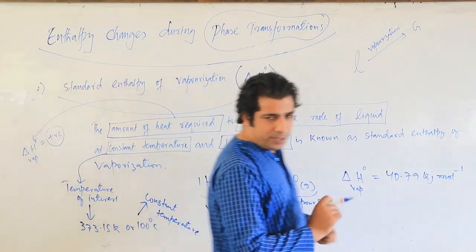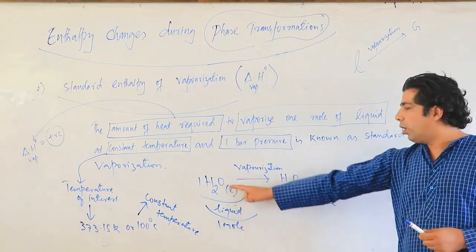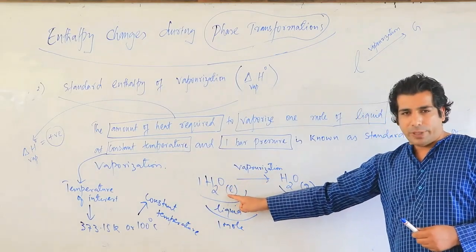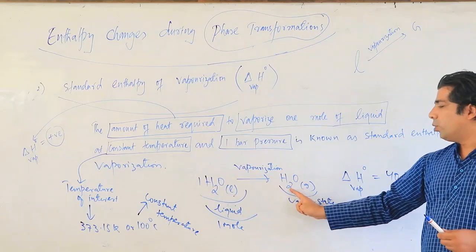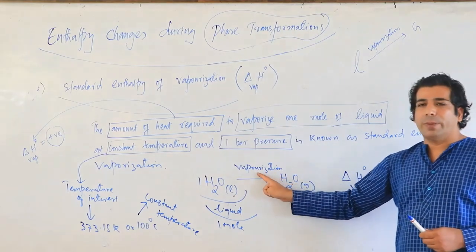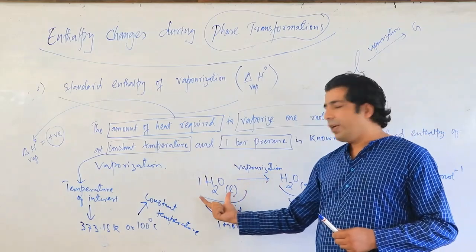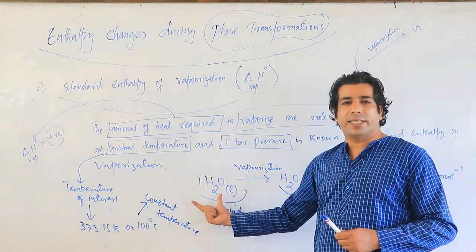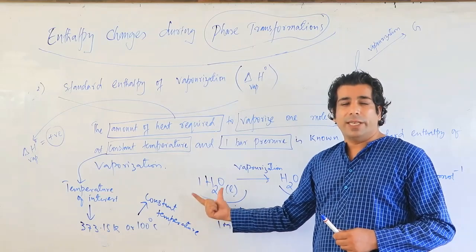Now during this process, you are converting 1 mole of liquid water into 1 mole of water gas through the process of vaporization. So my dear friends, you heat the water at 100 degrees Celsius and at 1 bar pressure. What will happen?